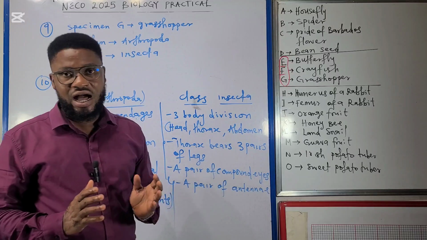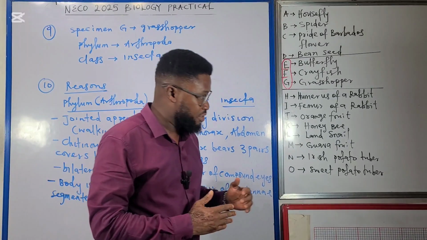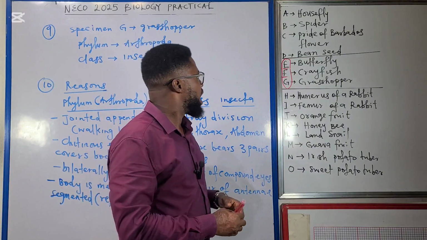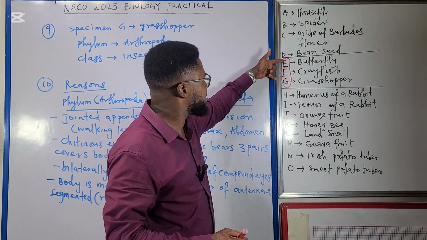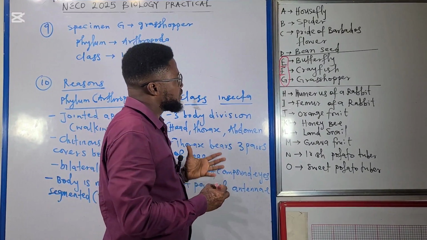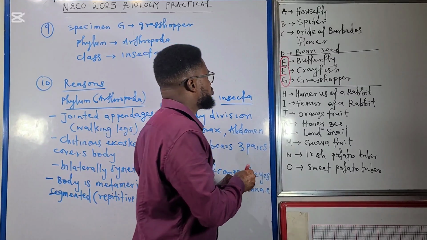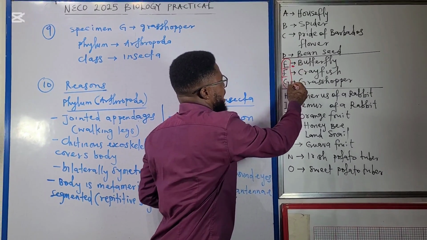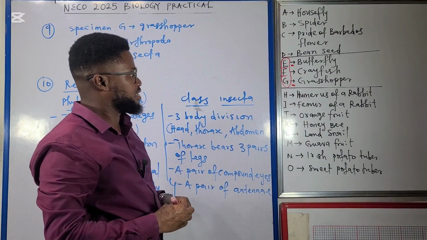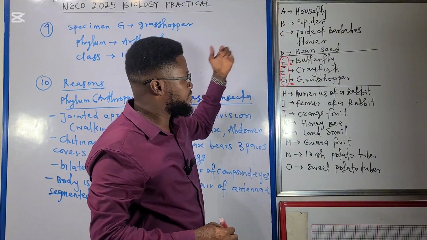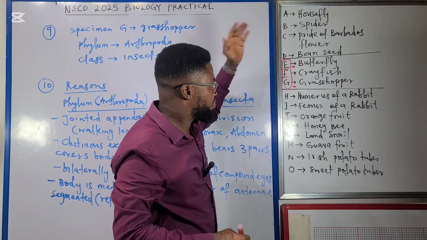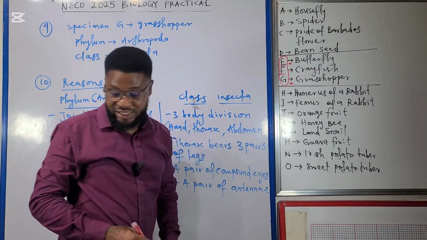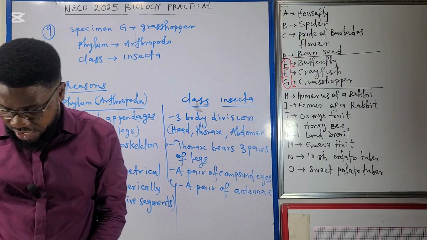Recall that at some point we looked at the differences between specimen E and F. Can we now look at a comparison of specimen E and specimen G?